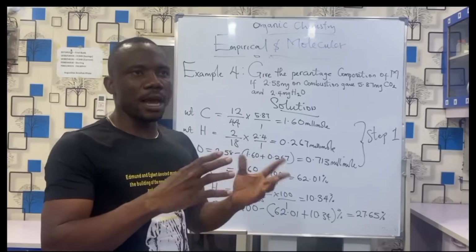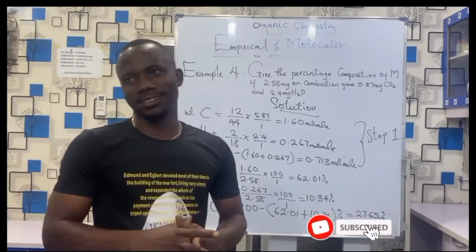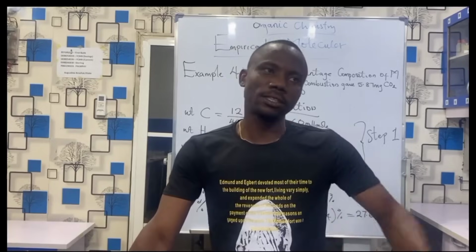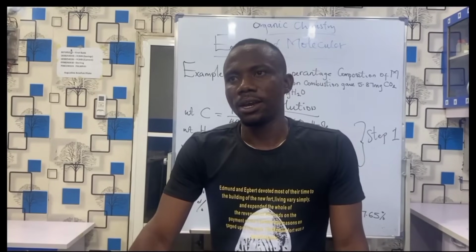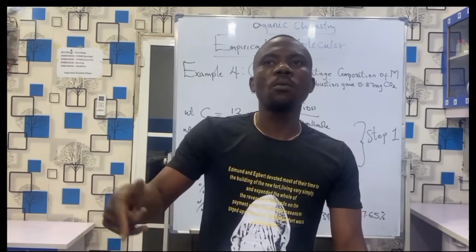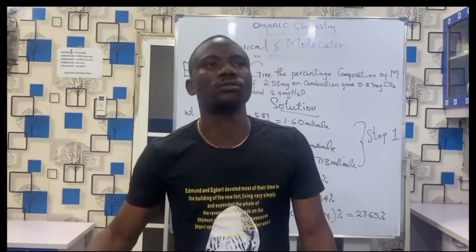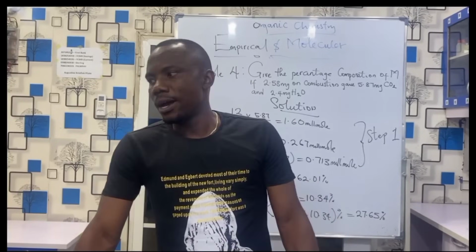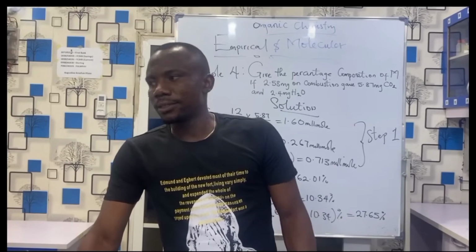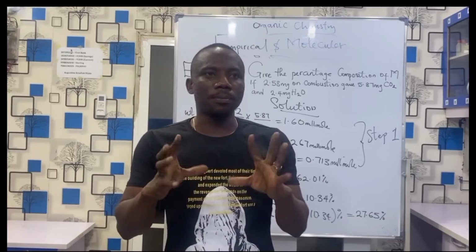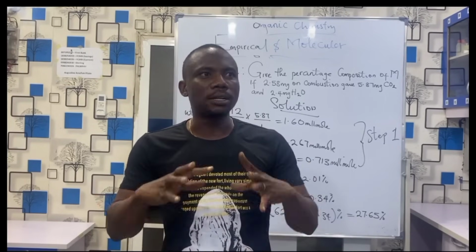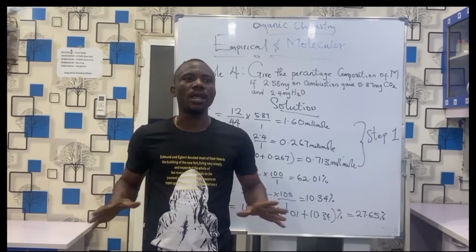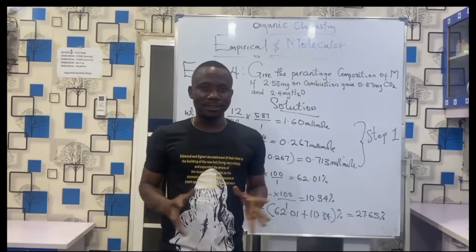In our next example, we'll be looking at the empirical formula involving gaseous compounds that undergo combustion, and determining the empirical formula of the gas that went through the combustion reaction. Then we'll look at another complex example that has to do with empirical formula, so that we can beat our chest and say that we have actually dealt with empirical formula determination in totality.